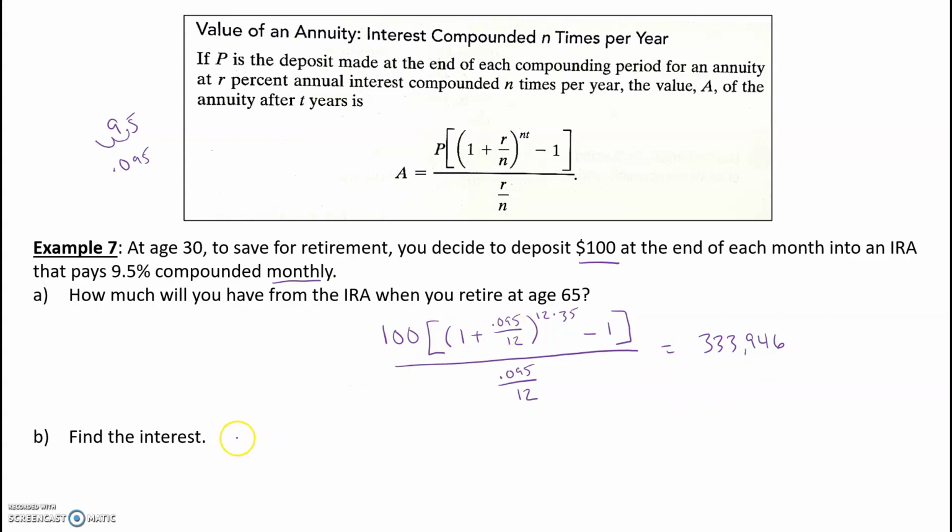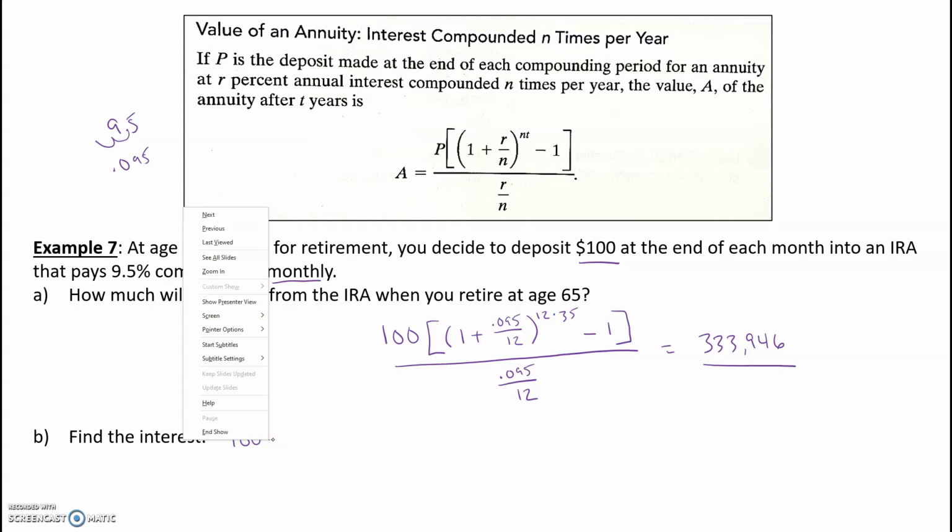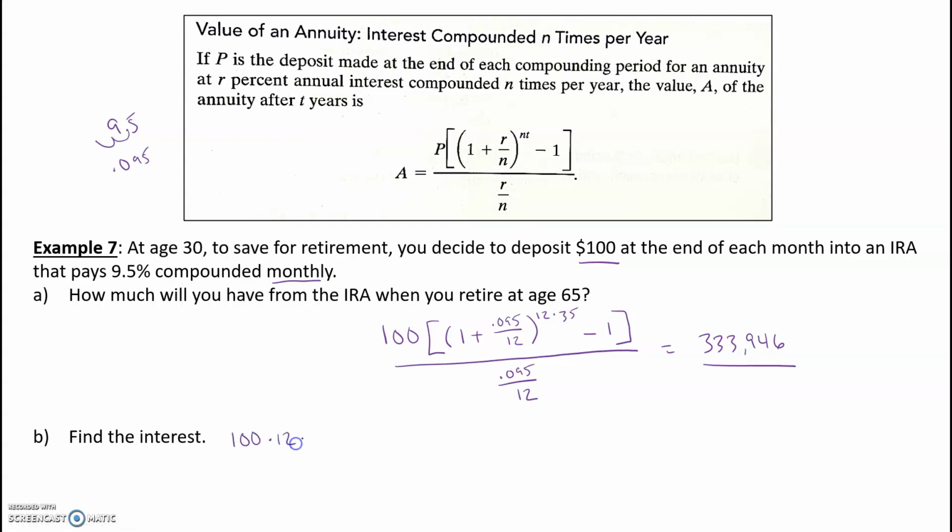Then it says find the interest. So you've got to find out how much you're putting in versus how much you're getting out. So we're putting in $100 every month, and there's 12 months in a year, times 12. And for 35 years. So at the end of that 35 years, I've contributed $42,000.